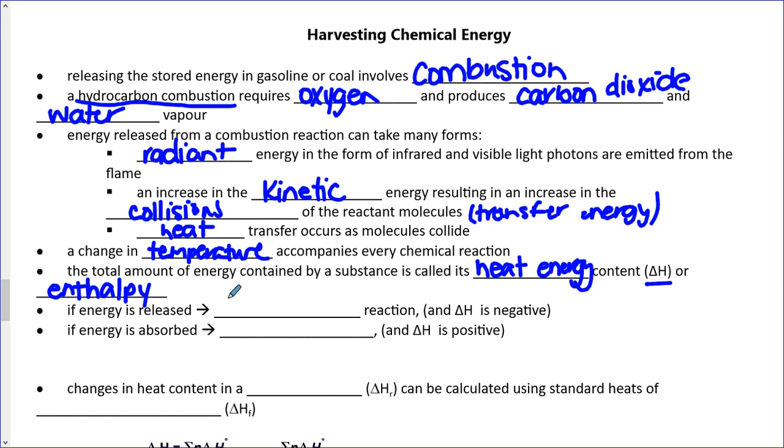So if energy is released in a reaction, so if energy is actually a product of a reaction, that's considered to be an exothermic reaction. If energy is absorbed, that's called an endothermic reaction.